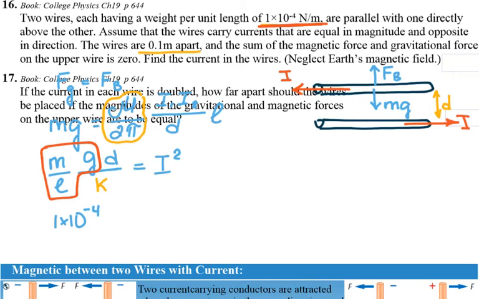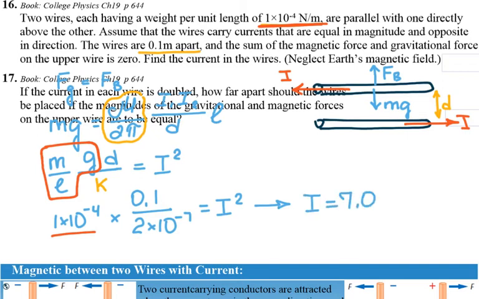So this part is given. And then I have the distance between them is 0.1 meter, and the K is 2×10^-7, and that is equal to I squared. So if I solve for I, it is going to be equal to 7.07 amps.